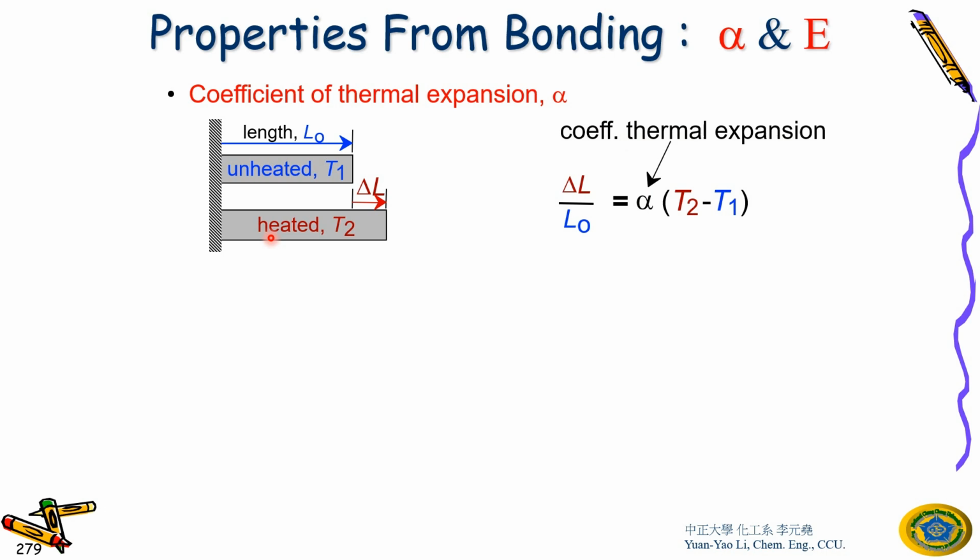But here we just think of 1 dimension only. Delta L divided by the original length is equal to alpha times T2 minus T1. T represents the temperature. So if you increase the temperature, the length will increase, and delta L will increase. And it depends on different materials. You have an alpha, which is the coefficient of thermal expansion.